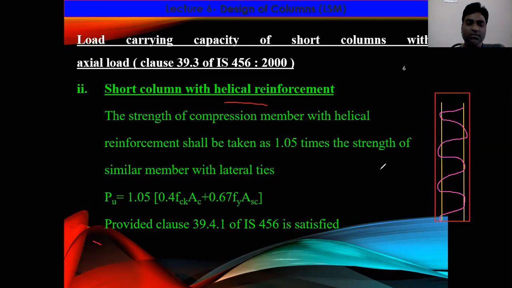So as per IS 456, if you provide the helical reinforcement, the strength of the column increases by 1.05 times the strength of a similar member with lateral ties.